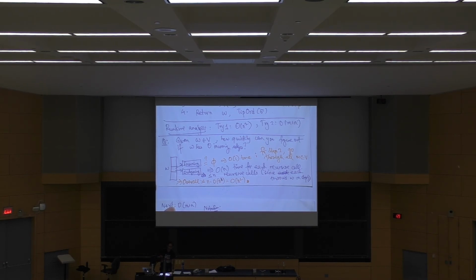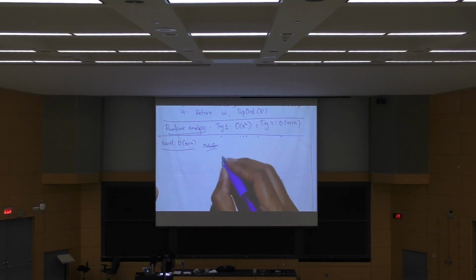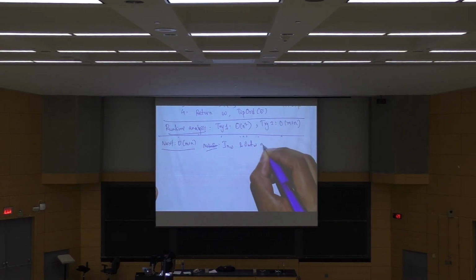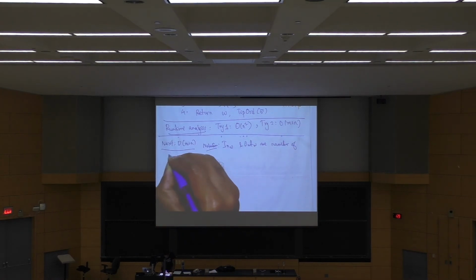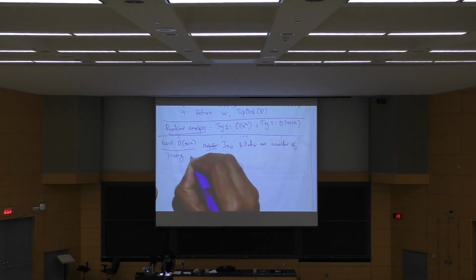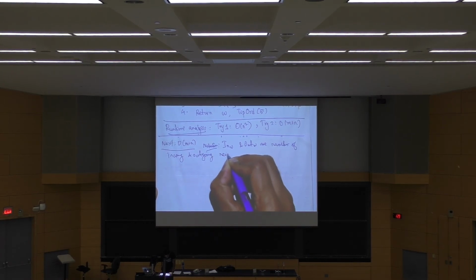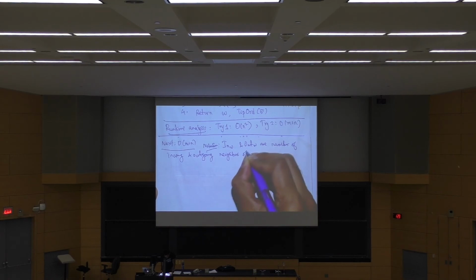But now we want to separately keep track of number of incoming neighbors and number of outgoing neighbors. So in of w and out of w are the number of incoming and outgoing neighbors of w respectively.